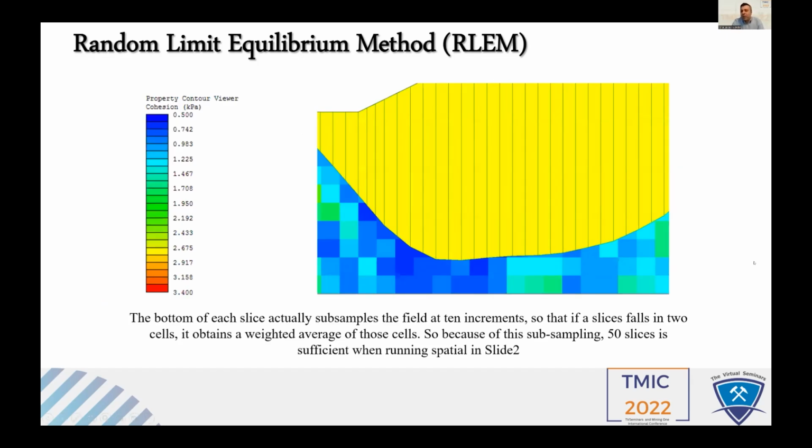We did one more step for the limit equilibrium analysis, and we started to sample at the base of each slice, like 10 times, to make sure that the results are more accurate. So we have 50 slices in a slide as a typical number of slices, but for the spatial variability analysis, we basically have 500, since 10 times at the base of each slice, we do sample.